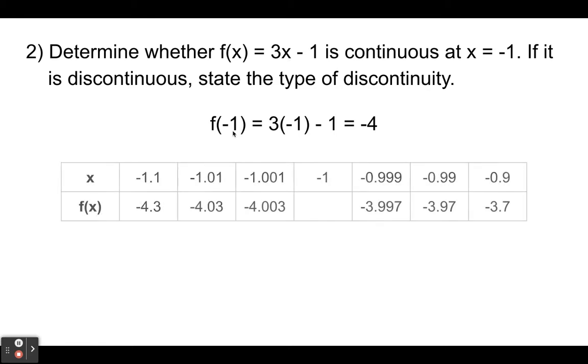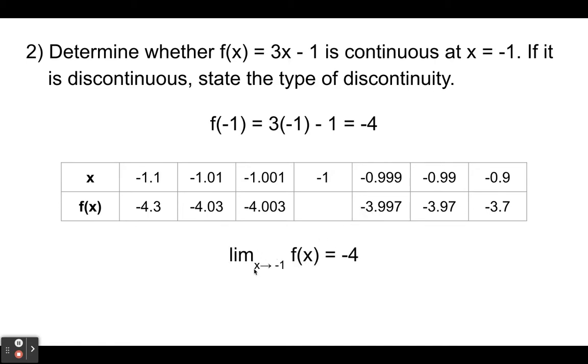Now let's find the limit. So let's do our table. I want the limit as I approach -1. So let's do our standard: subtract off a 1,000th, a 100th, a 10th, and add a 1,000th, a 100th, a 10th. Then we plug those x's into this function. As I come in from the left, I approach -4. As I come in from the right, I approach -4. The limit is -4.